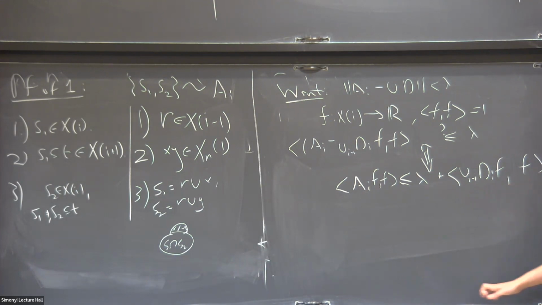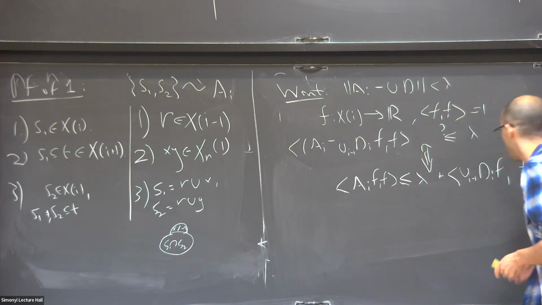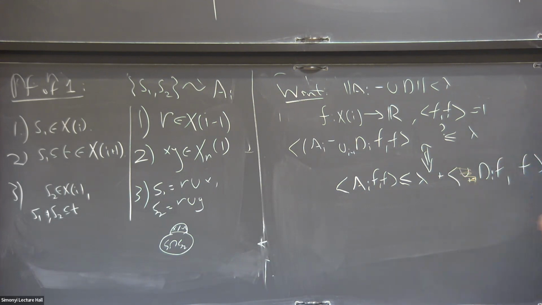I'm just going to use the fact that the up and the down walks are adjoint to remove this and put D_i f on this side. Is that okay? Good.